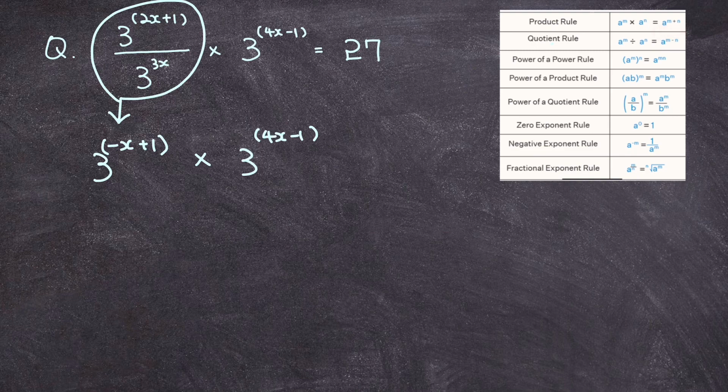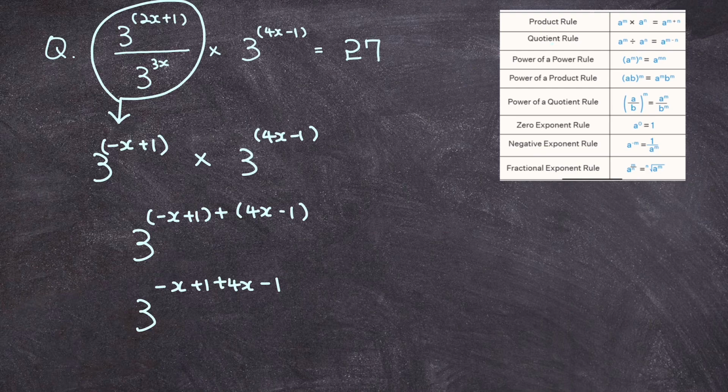So I can combine and have one base, and then I can add those exponents. So let's go ahead and do that. If I multiply these two numbers, I'll get one base, and then negative x plus 1 plus 4x minus 1. Now, let's solve that out.